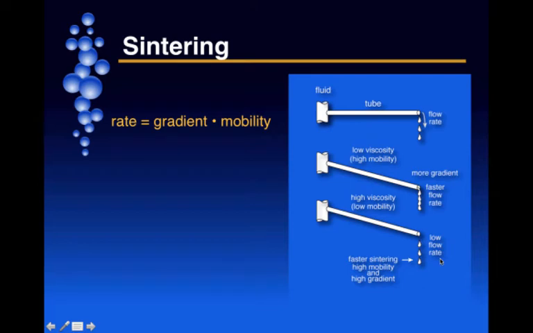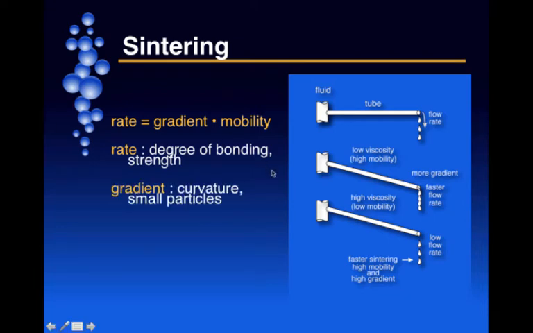Let's see how this translates in terms of sintering related issues. So for faster sintering, obviously, you'll need a higher gradient and a higher mobility. In terms of the rate, you can follow the degree of bonding and the strength as parameters. The gradient depends upon the curvature and surface area of particles, and so smaller particles will have a higher surface energy, and losing that surface energy will provide a gradient.